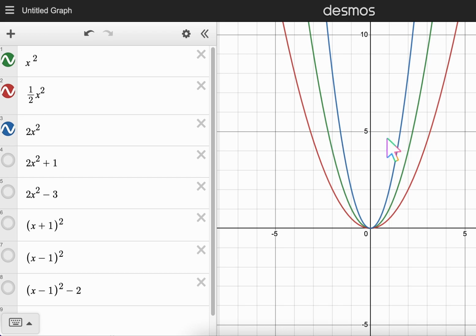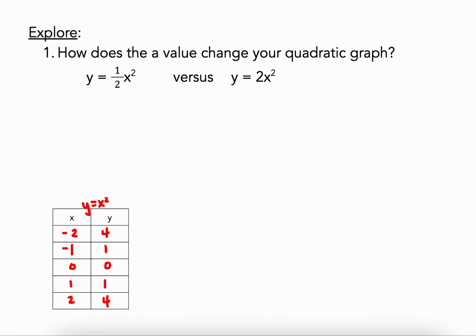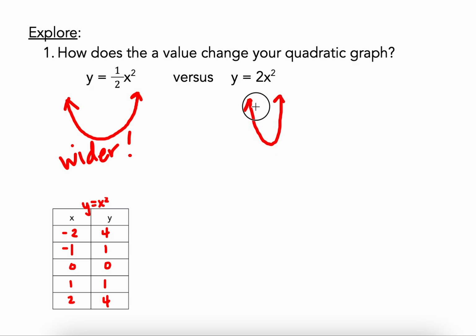So the 2x squared actually made it more narrow, which is interesting. All right, let's go ahead and put that in our notes. So the 1/2 x squared made it a bit wider. I'm going to go ahead and exaggerate it. And then the 2x squared made it more narrow.